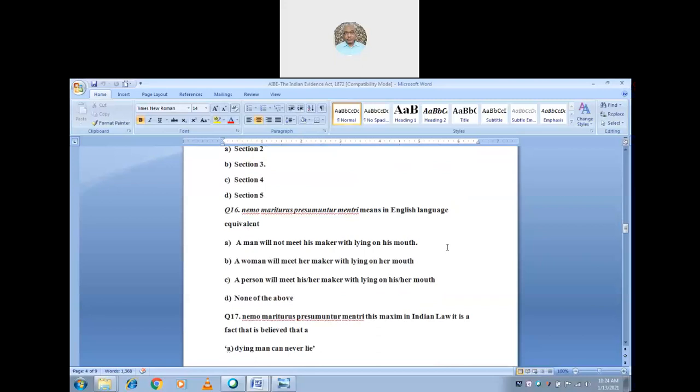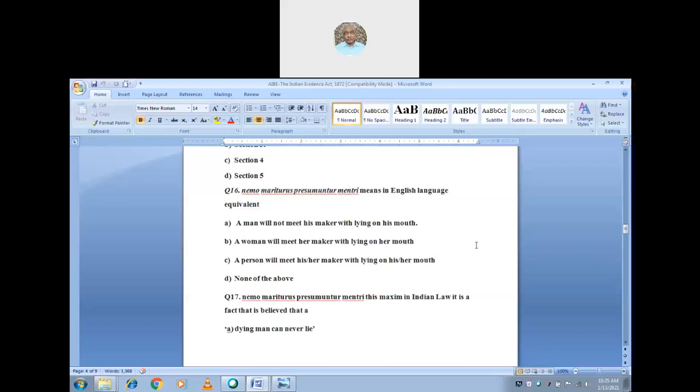So anyway, this is the Latin maxim nemo moriturus praesumitur mentiri. Its equivalent English is, anyone? A man will not meet his maker with lying on his mouth.